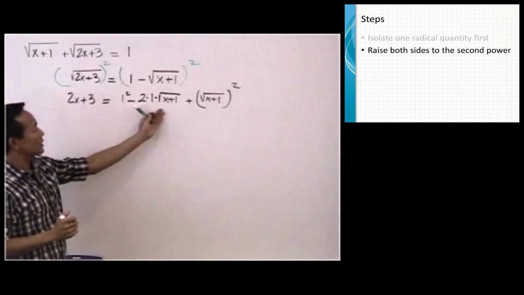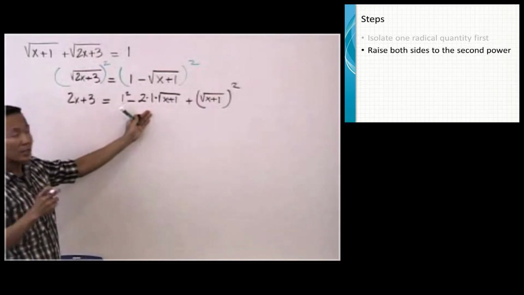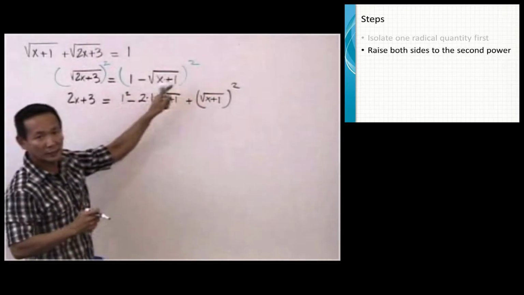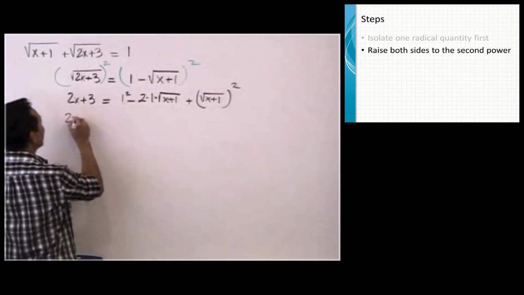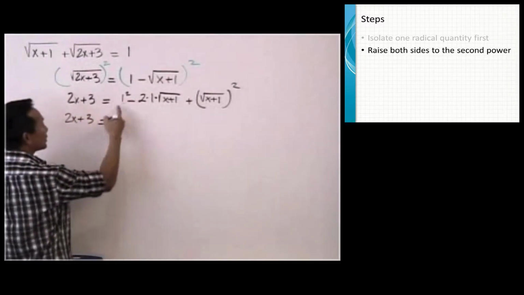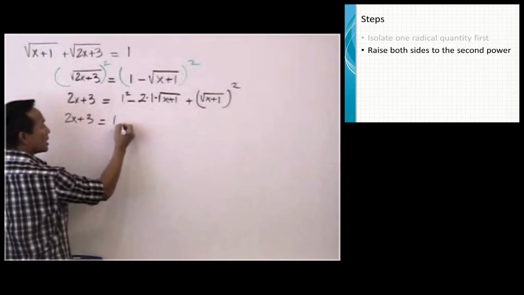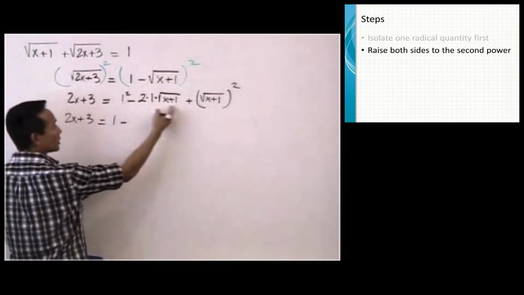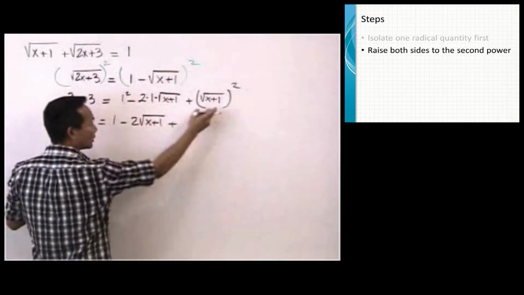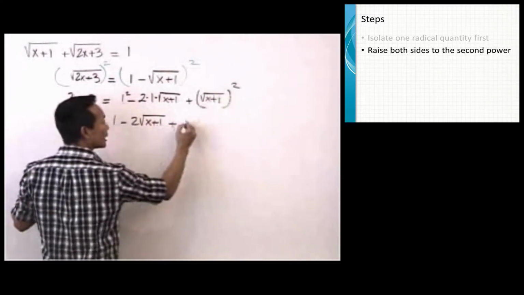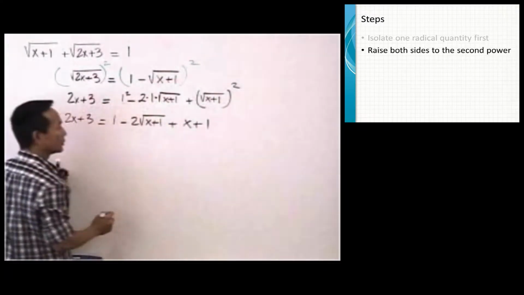So this is the result of the foiling of 1 minus square root of x plus 1 to the second power. Okay? And then we simplify the right side a bit. 1 to the second power is 1, minus 2 times 1 times this, 2 square root of x plus 1, plus square root of x plus 1 to the second power, which is x plus 1.